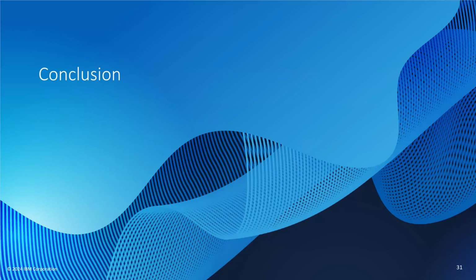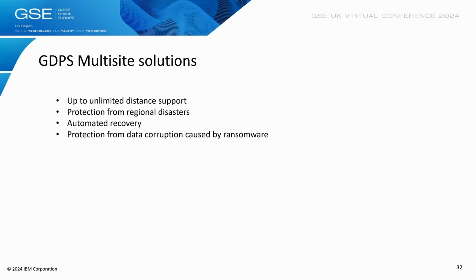So as a conclusion, if you have to take something out of this presentation, it will be that GDPS multi-site solution provides continuous availability and disaster recovery at extended distance, and local protection in your primary region.